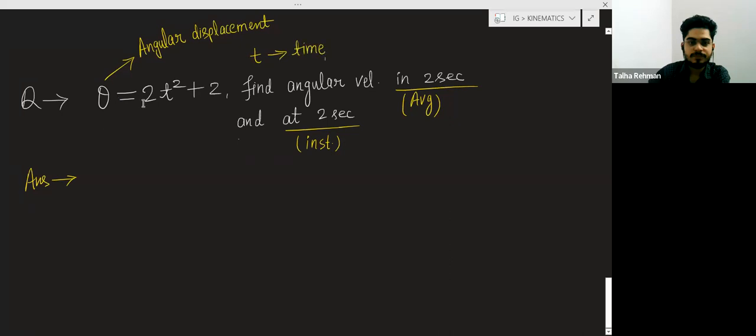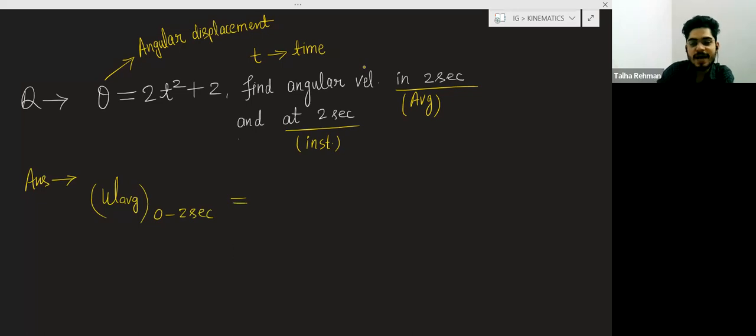So your angular displacement is changing with time. You will put different values of time, you will get different values. So angular velocity in 2 seconds means you will calculate average angular velocity from 0 to 2 seconds.